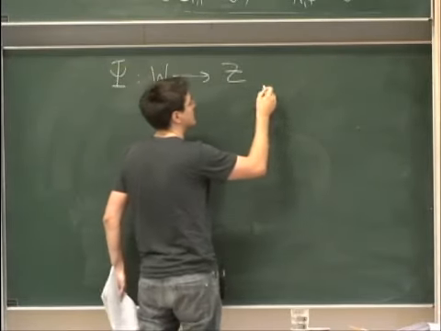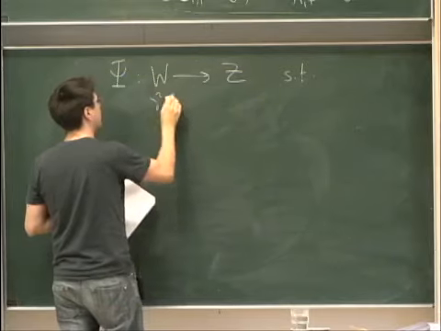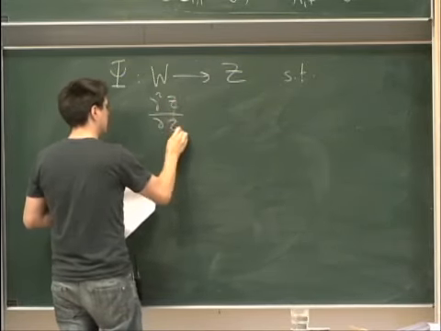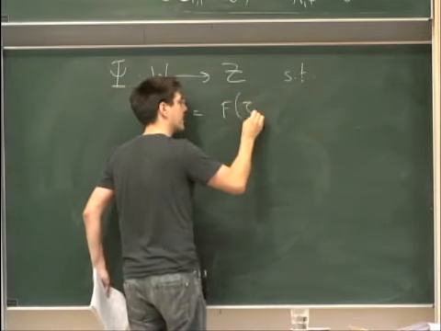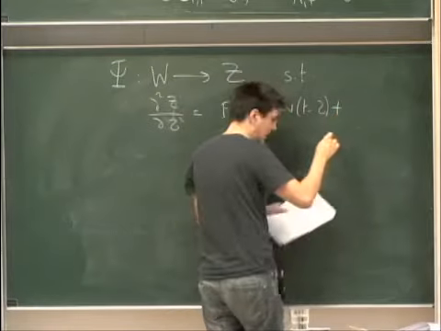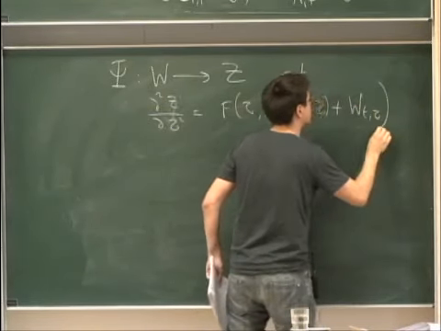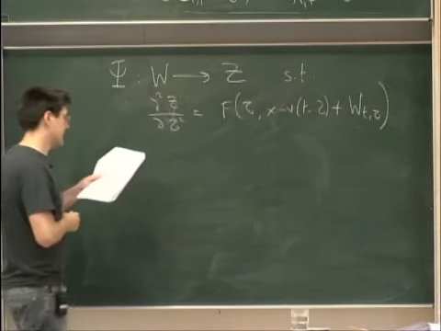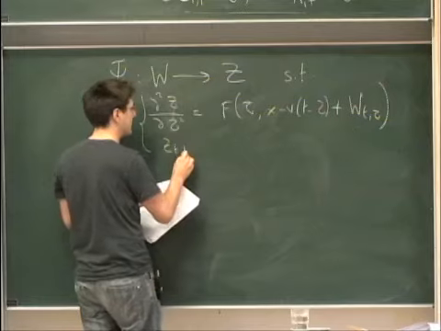It gives you a function z of time x and v such that, as you can expect, it solves d2z over d tau 2 equals f of tau, x minus v(t minus tau) plus w(t, tau). Okay, and of course, again, with the initial data.